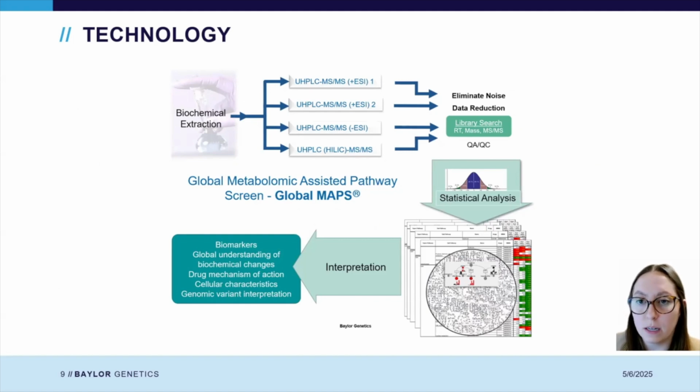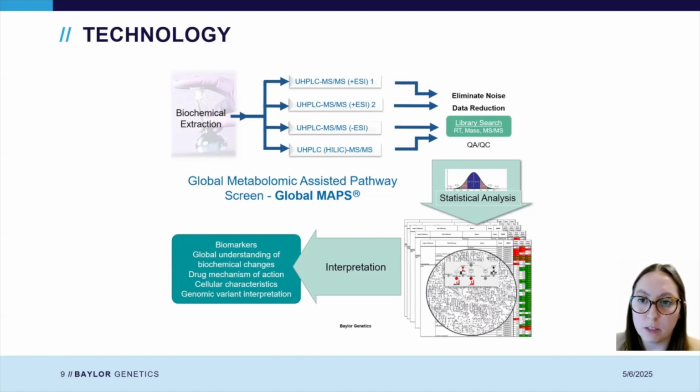Extracted samples are then analyzed on 4 separate liquid chromatography mass spectrometry runs using a system equipped with hydrophilic interaction columns and a high-resolution mass spectrometer. 2 runs employ positive mode electrospray ionization, and 2 use negative mode electrospray ionization. This dual mode approach maximizes the coverage of diverse chemistries across the metabolome.